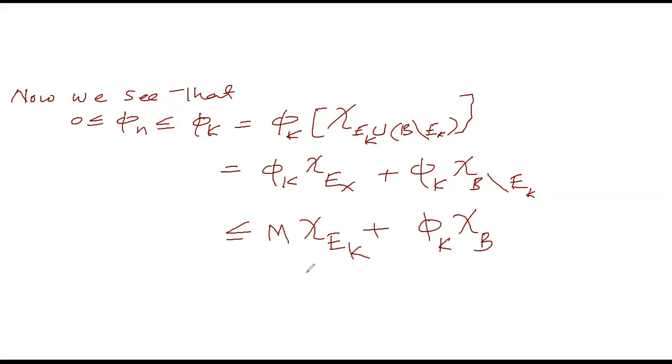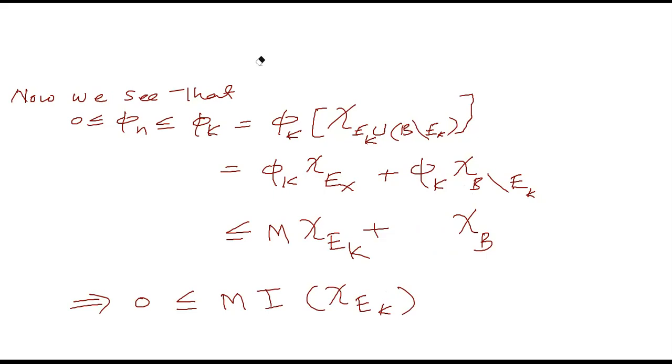So now we apply the integral throughout. This gives 0 less or equal to m times the integral of chi of ek plus, on b minus ek, phi k is less or equal to epsilon.